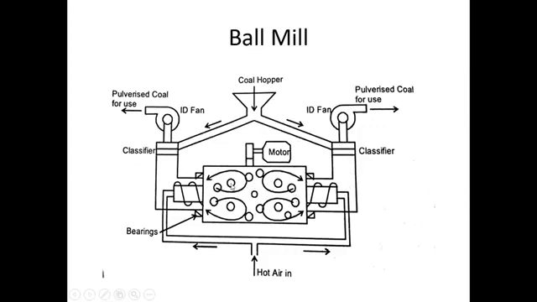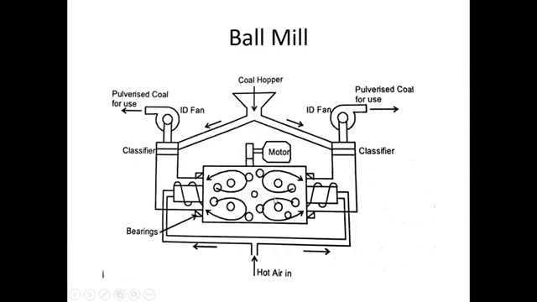Actually, this is a rotating drum, and it will be continuously rotating with the help of a motor. A motor is fixed to a gear, and this gear will be on the surface of the drum, which will be continuously rotating this drum.